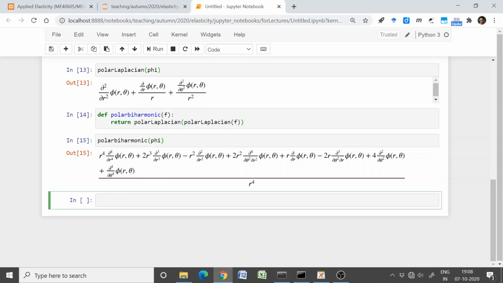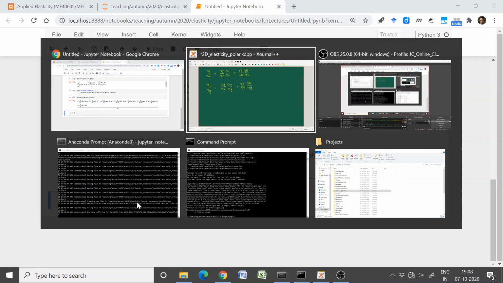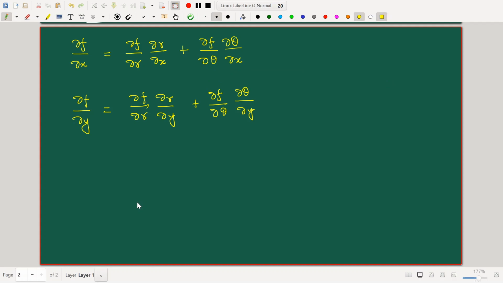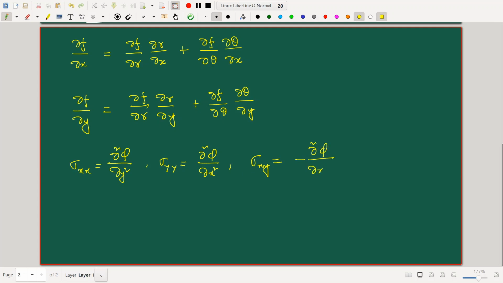So we know that sigma xx is del square phi del y square. Let's quickly remind ourselves that sigma xx is equal to del square phi del y square, sigma yy is equal to del square phi del x square, and sigma xy is equal to minus del square phi del x del y.